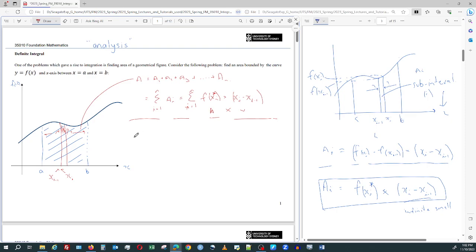And so what we get is the area is a limit, and this is our insurance policy, such that as n approaches infinity, we get an infinitely small variation.